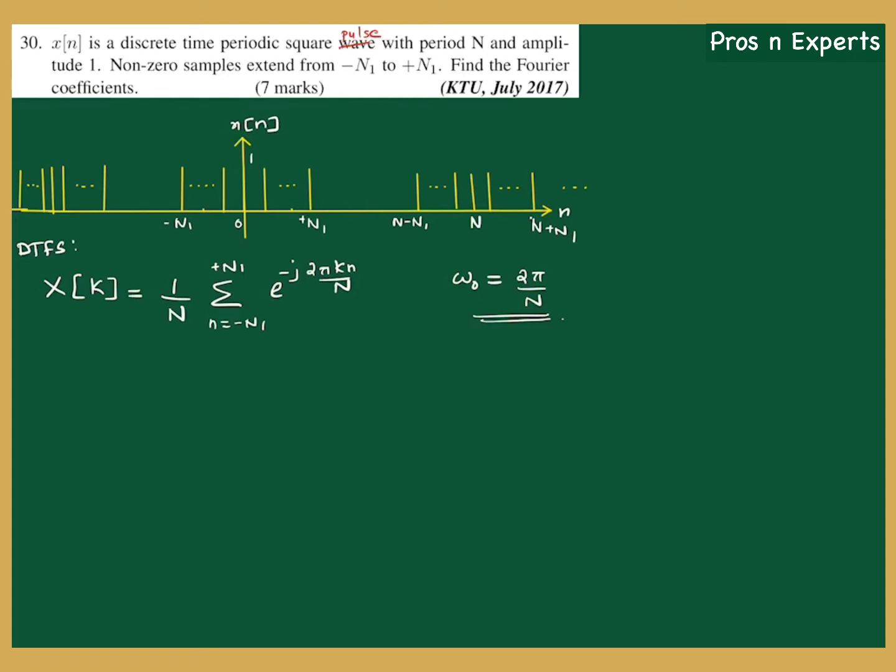While expanding, we have done many problems like this. There are some samples which have negative values, minus N1 to minus 1, and some values from 0 to plus N1, positive values. So you can split this summation, first summate the negative n values and then separately summate the positive n values.